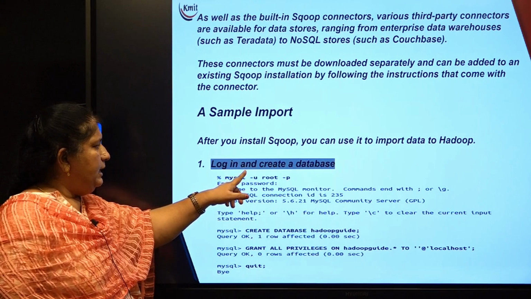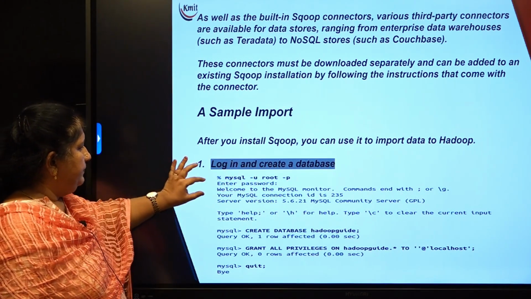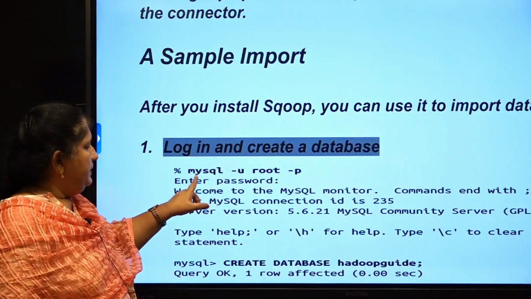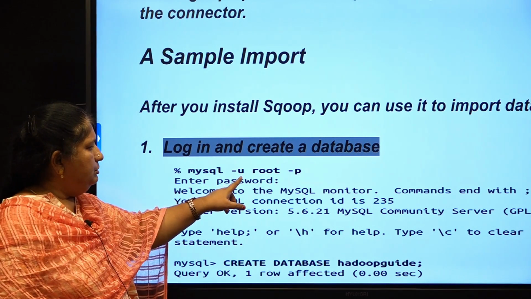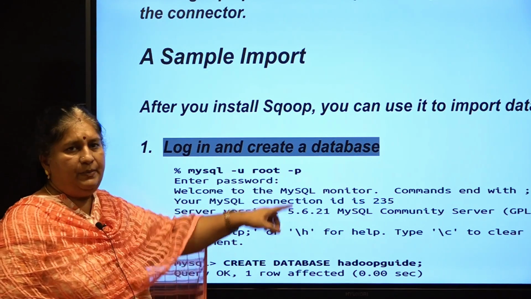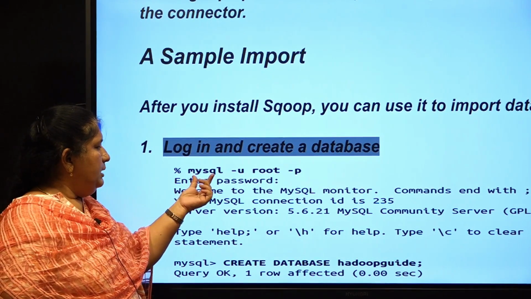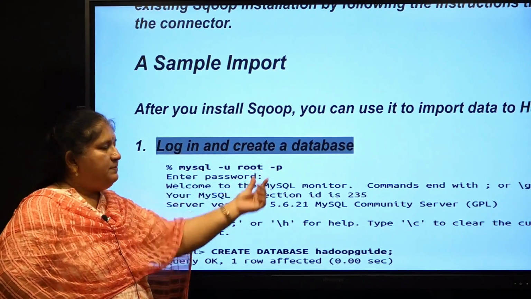Log into the database and then create a database. How do we do that? At the percentage symbol itself you can give mysql -u root -p, which means you are trying to log into MySQL. What is the username? Root. What is the password?